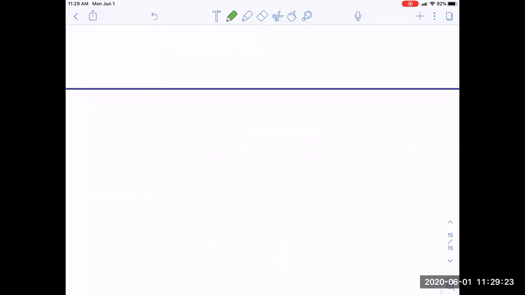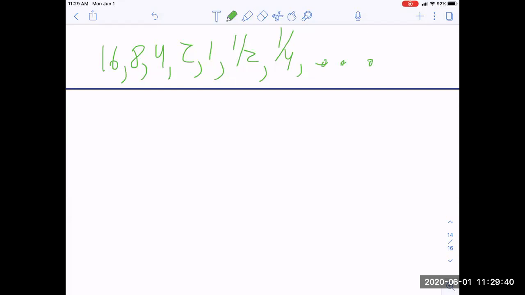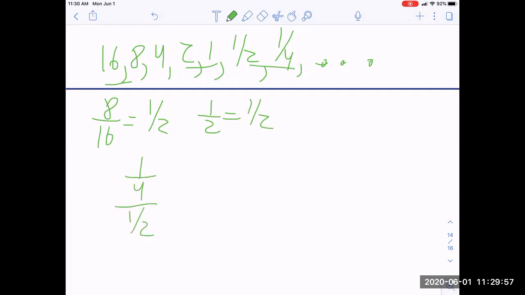Okay, look at this one. 16, 8, 4, 2, 1, 1/2, 1/4, dot, dot, dot. This is geometric, because if I look at successive terms, 8 over 16 is 1/2. 1 divided by 2, 1/2. 1/4 divided by 1/2.